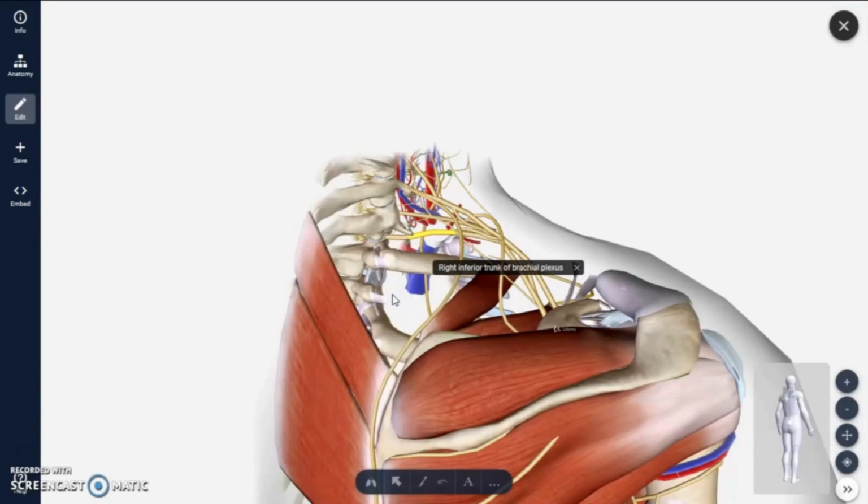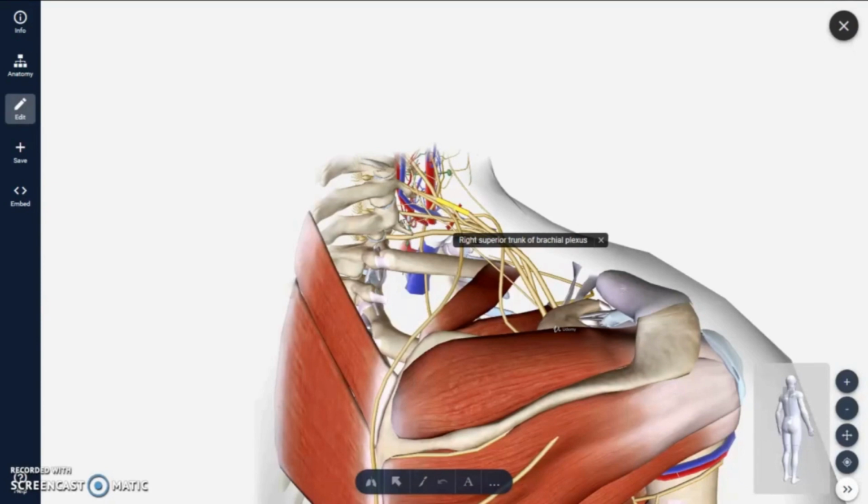Now we will see about the trunk, how it is formed. C5 and C6 roots join together to form the upper trunk. So this is C5, and the one below we call C6, which is going to form the superior trunk or upper trunk of the brachial plexus.